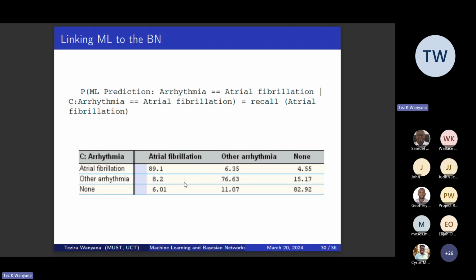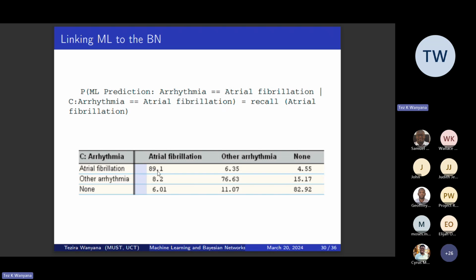The backing for why we use the recall values is that the machine learning may say that this person has atrial fibrillation, but we have to cater for false negatives and false positives. In that case, what this is saying is that it's only up to 89.1 chances that a person indeed has atrial fibrillation if the pattern recognition submodule has said that the person has atrial fibrillation.